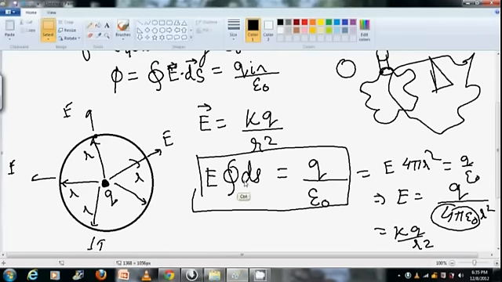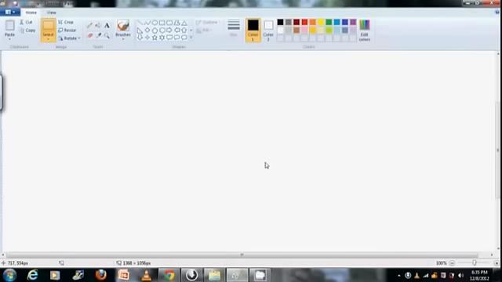But now let us try to analyze a more complicated scenario. I have a very long wire, an infinite wire, which has a uniform charge distribution of lambda per unit length.